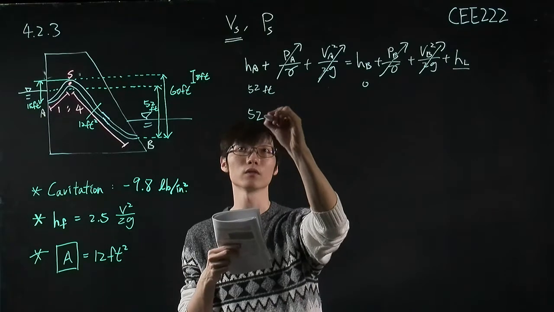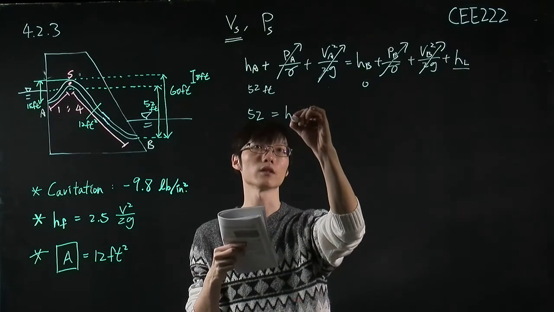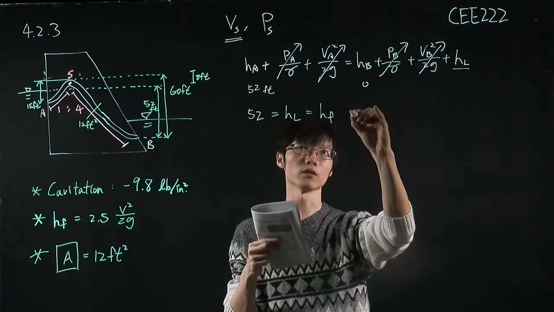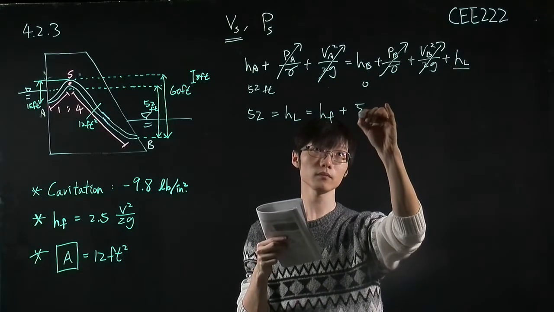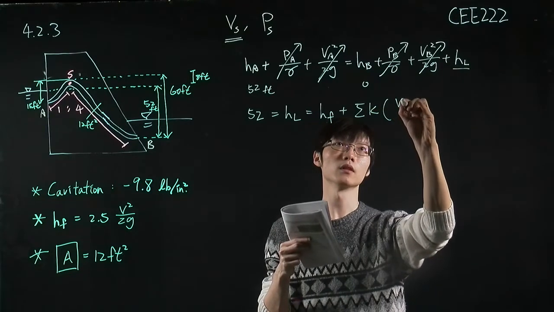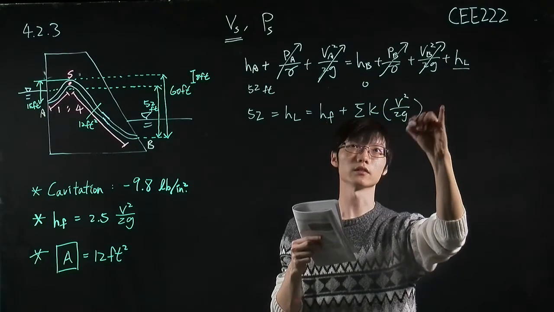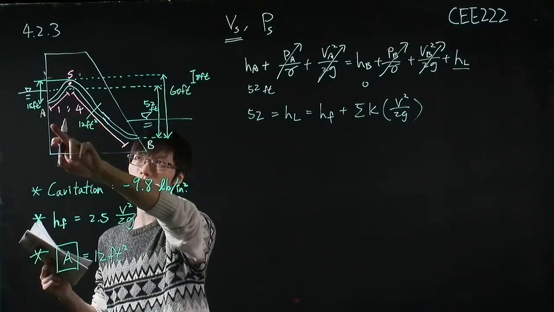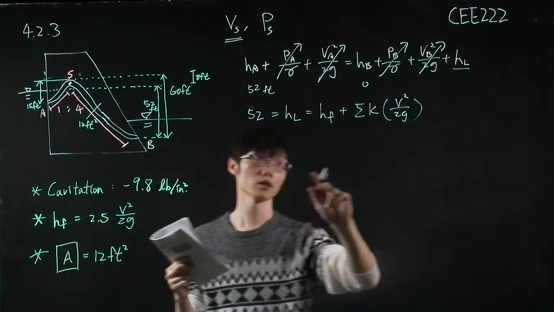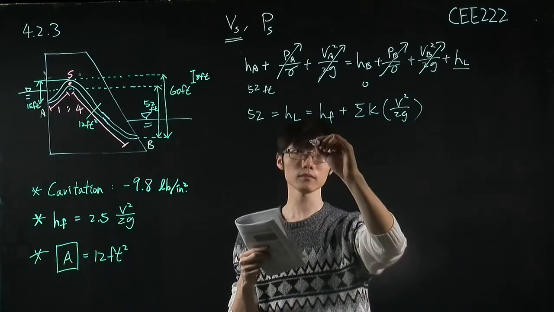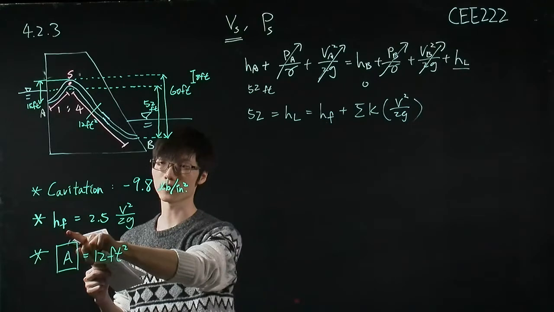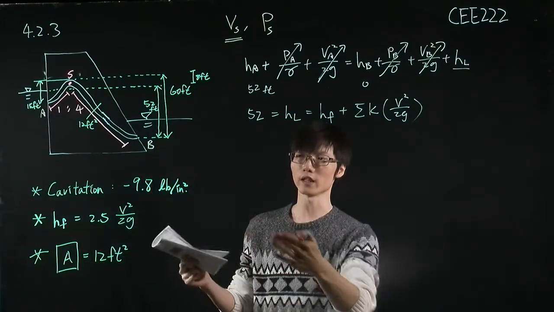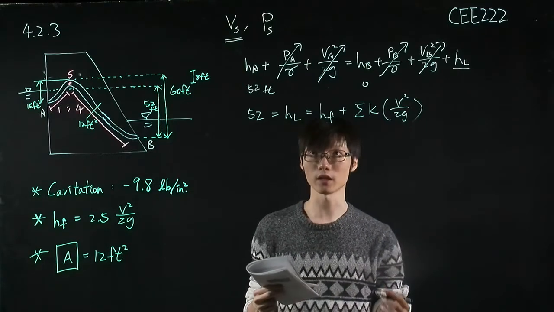So 52 equals the head loss, which equals the friction loss plus the minor head losses. Here we consider the minor head loss of the entrance and the exit, and the friction term is 2.5 times the velocity term, which is provided by the problem itself.